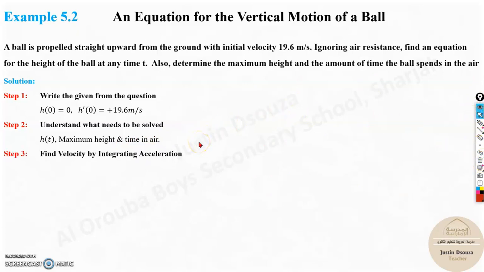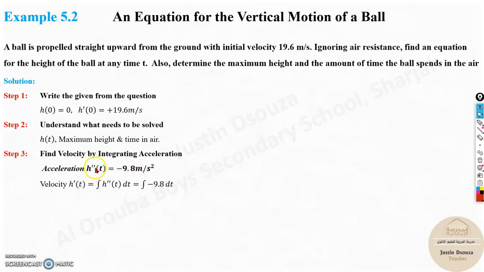So find the velocity by integrating acceleration. If you do not know this, I would recommend you to pause this video, go back to the previous video, watch it, be thorough, and then come to this. We have done the same thing in the last video, last section, last problem. You should know this acceleration, you have to just find the integral.